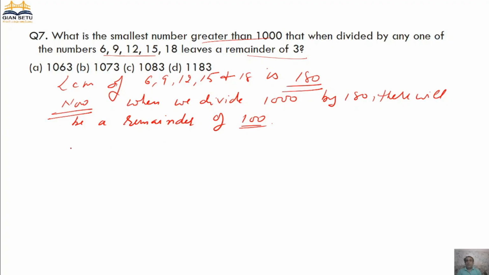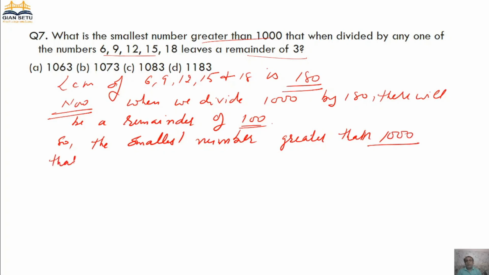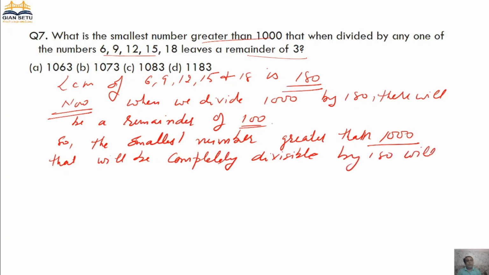Okay, so the smallest number greater than 1000 that will be completely divisible by 180 will be 1000 plus 80, 1080, but we need a remainder of 3, right?